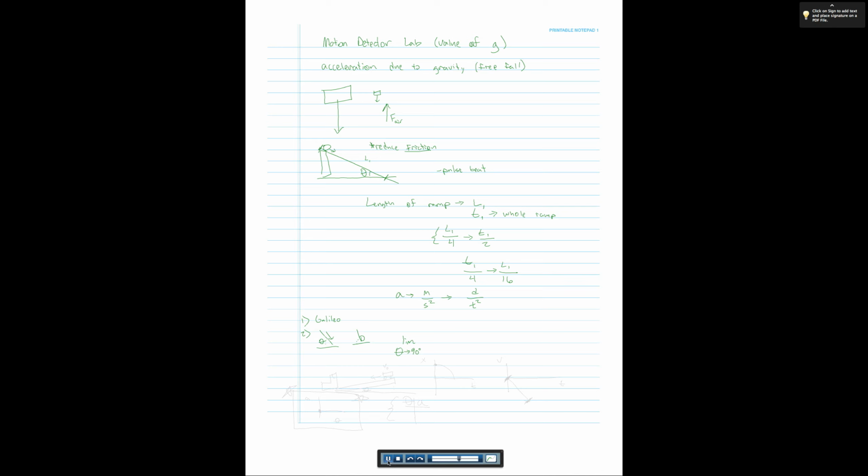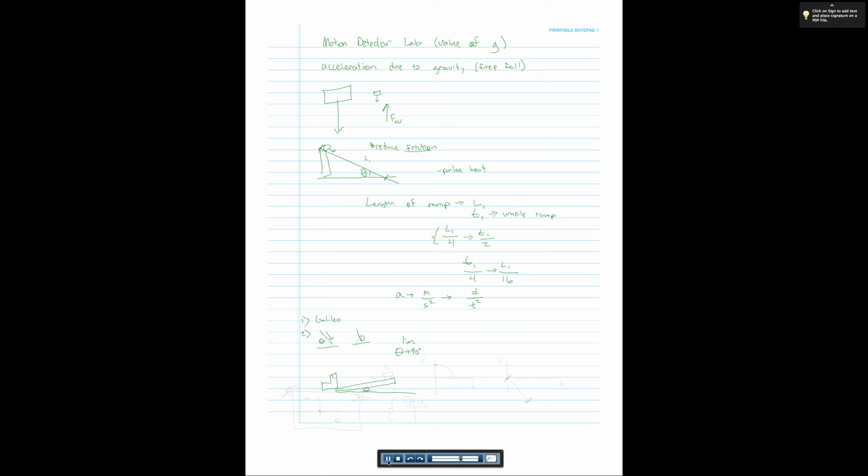Now, I don't want you dropping your carts straight towards the motion detector because that would mean that we'd need new motion detectors. But what you are going to do is, this is going to be your setup. You've got your motion detector, like so. There's your ramp. You are going to measure your angle theta.